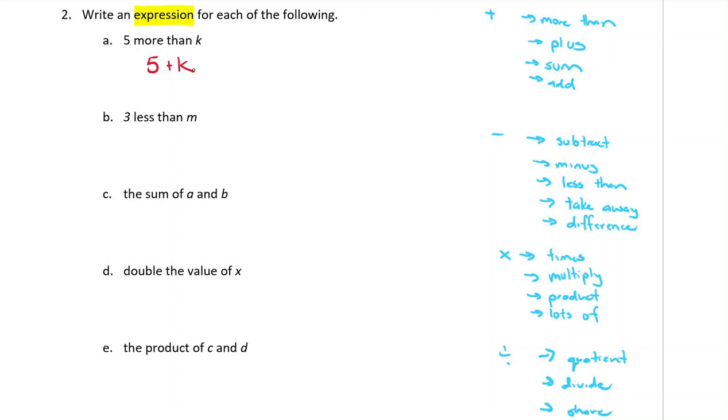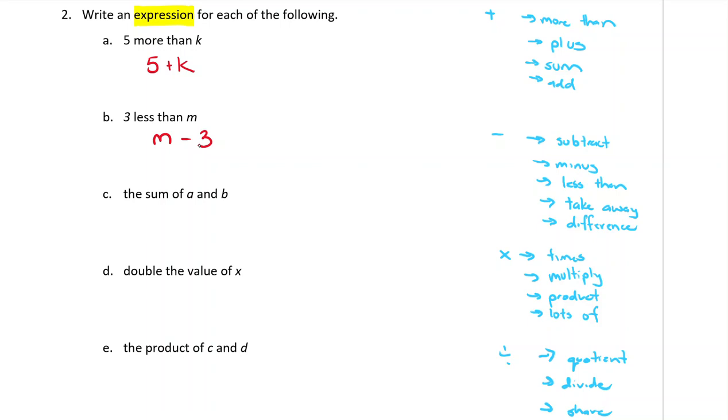The 3, because when it says 3 less, it means I'm taking away the 3. So I have to switch them around and put the M first and then take away the 3. Okay, all right, next one.